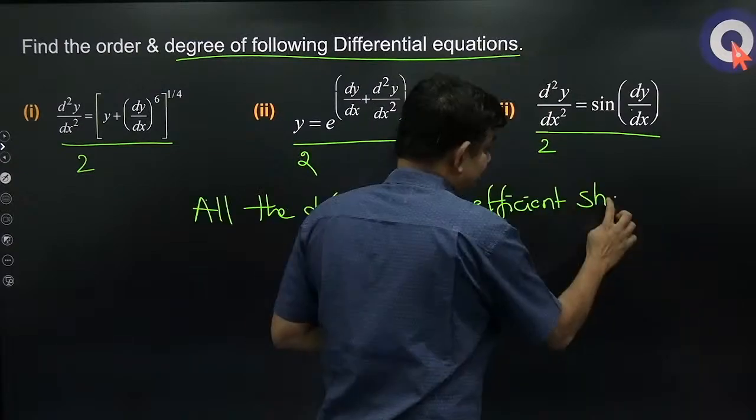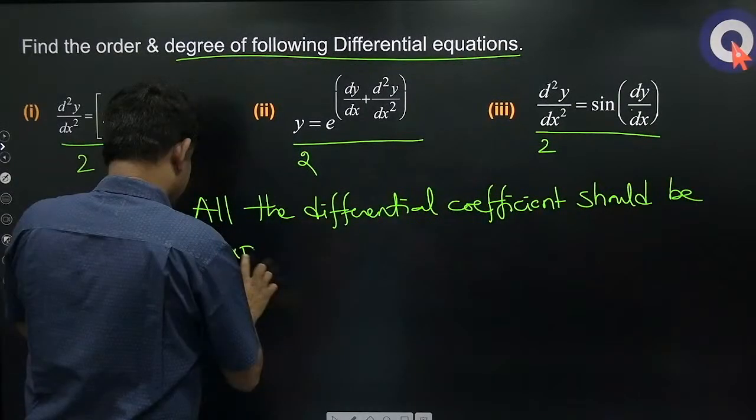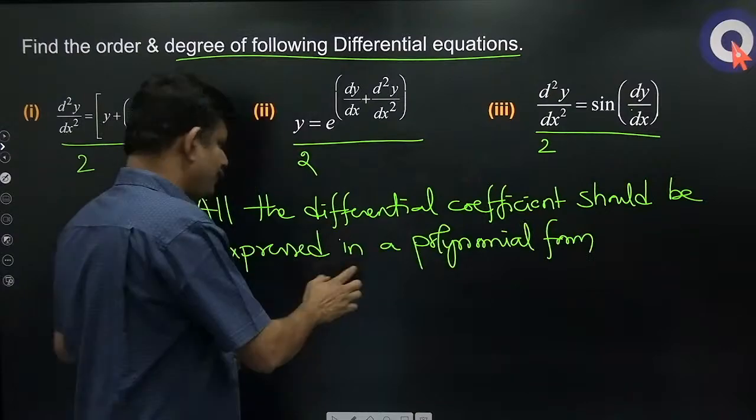This is very important. All the differential coefficients, I am only talking about differential coefficients. Some people confuse that. Rest everything should also be in polynomial form. No, only the differential coefficients, and all of the differential coefficients should be in polynomial form.